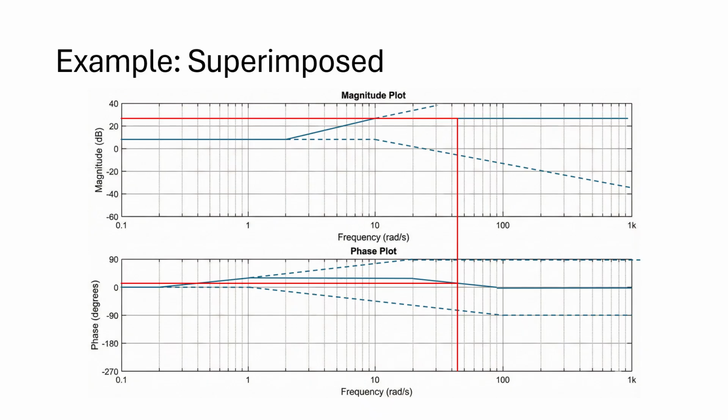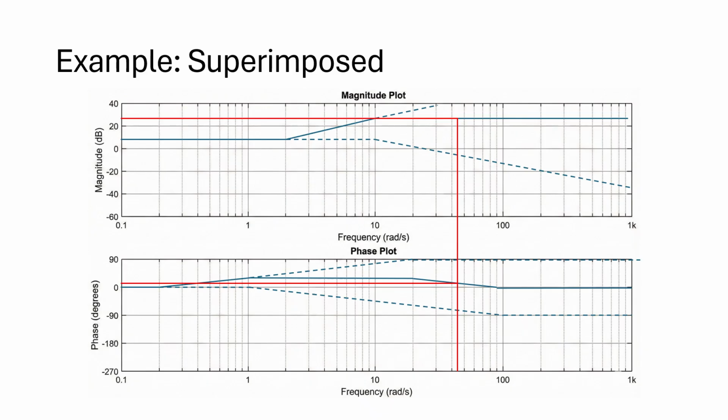And so going over to our 44 radian per second frequency, we can draw our line across and see what our results are. So for our magnitude plot, that's roughly 22-ish, and I know I haven't drawn it very neatly there, but it's roughly 22-ish. And then for our phase, it's going to be close to around 10 degrees.